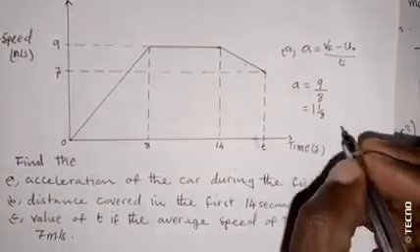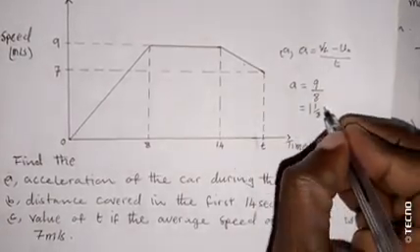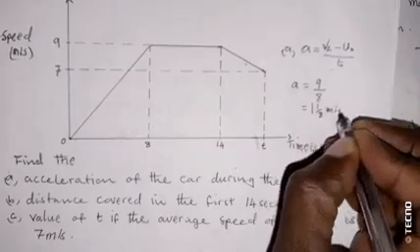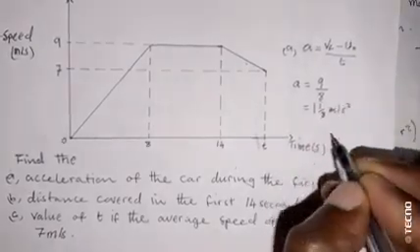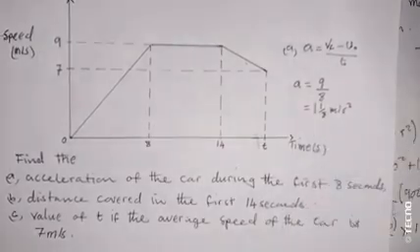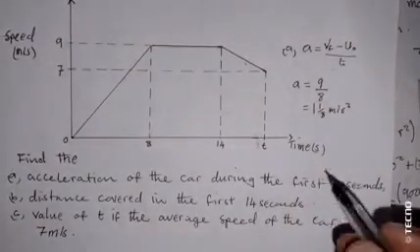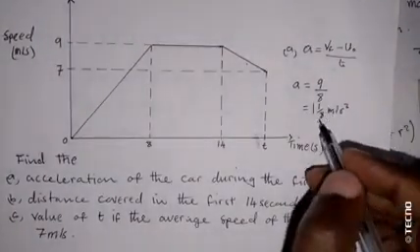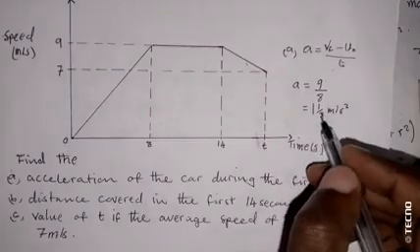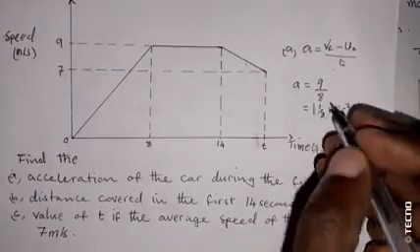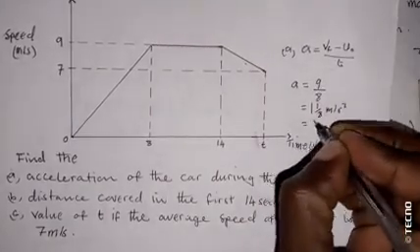You can leave it like this, then you say it's meters per second squared. It's acceleration.